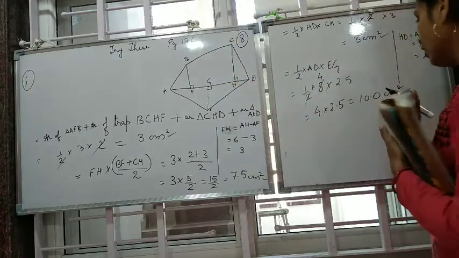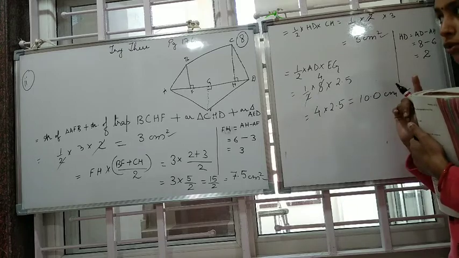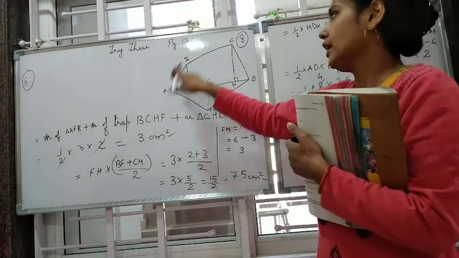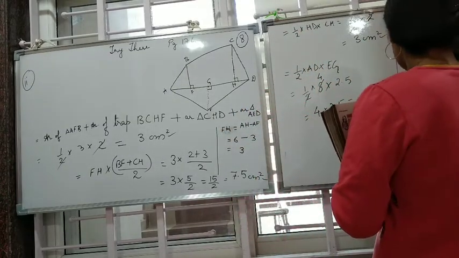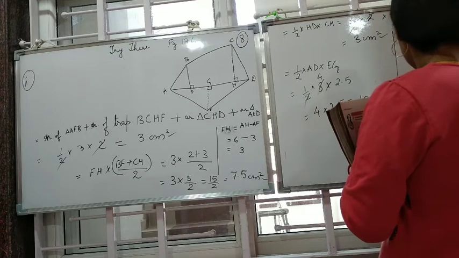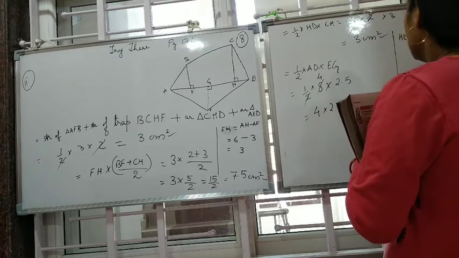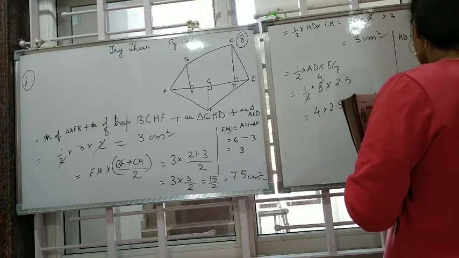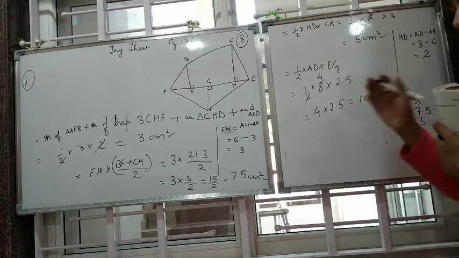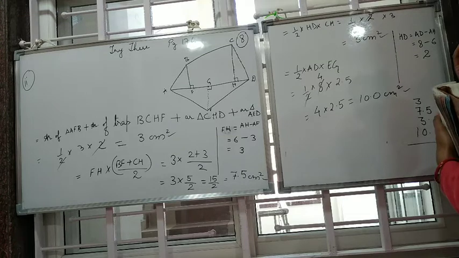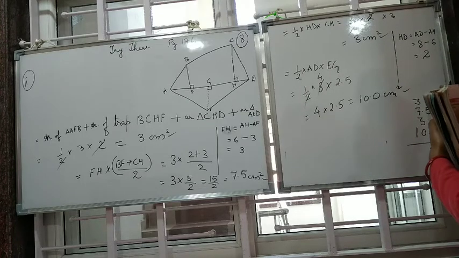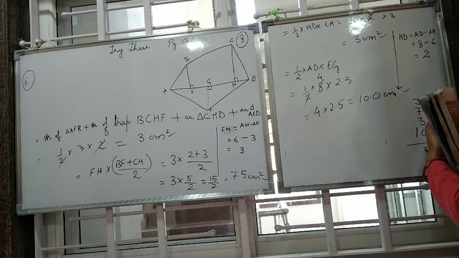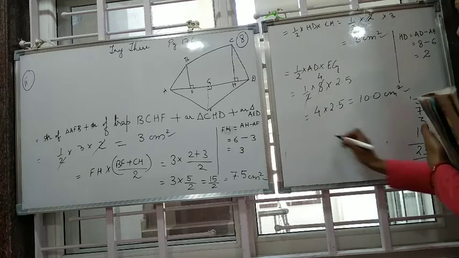Now we add all four areas to get the total area of polygon ABCDE. So let's do that. The first one is 3 centimeters, then 7.5 centimeters, then 3 centimeters again, and 10 centimeters, centimeter squares everywhere. 3 plus 7.5 is 10.5, 13.5, and this is 23.5.